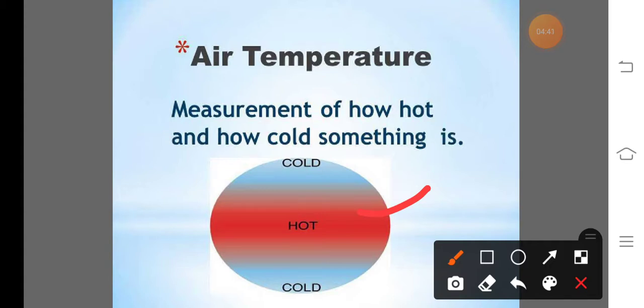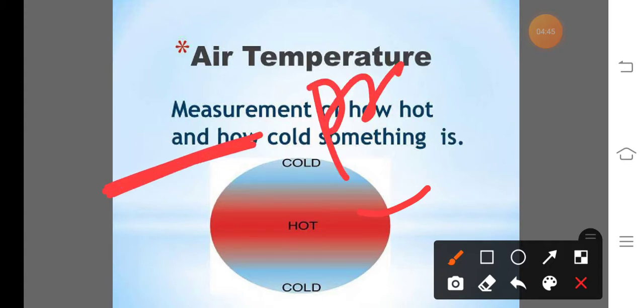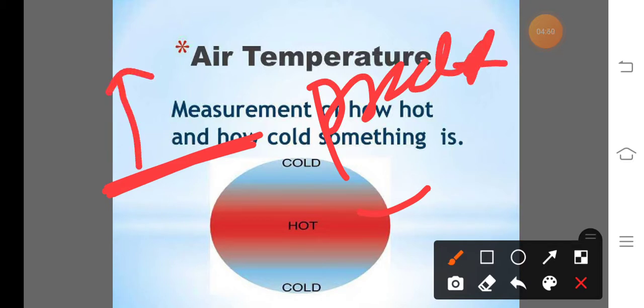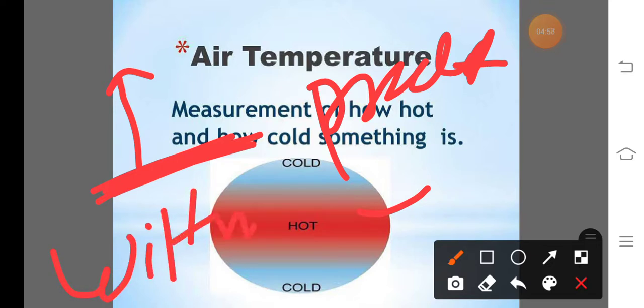If the soil temperature is maintained, at that time maximum production of the crop is obtained. If the temperature goes beyond the normal or maximum temperature of the soil, at that time plants start wilting or may die.